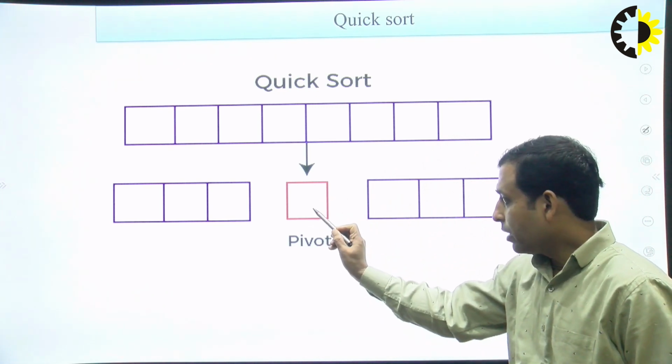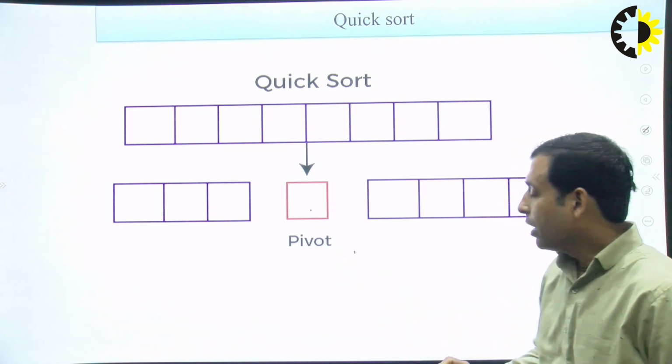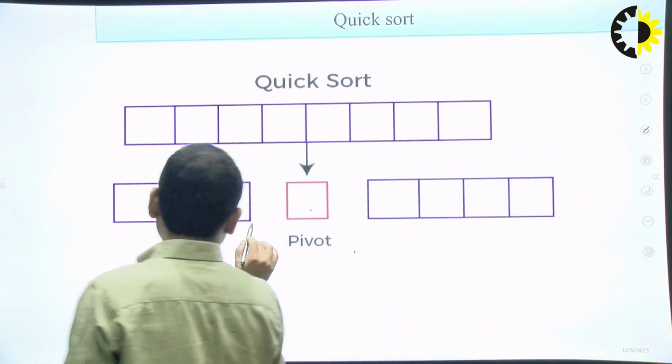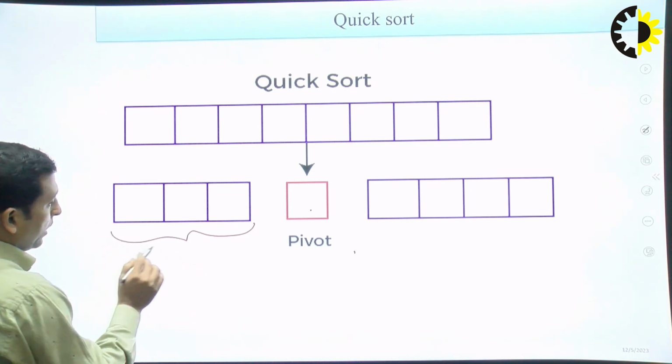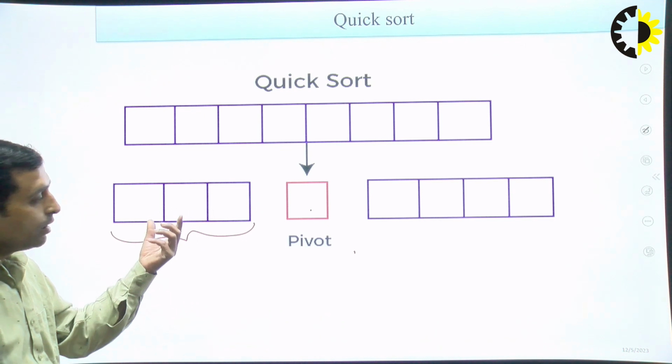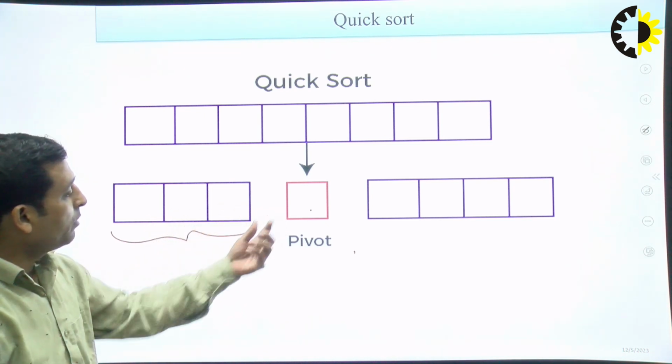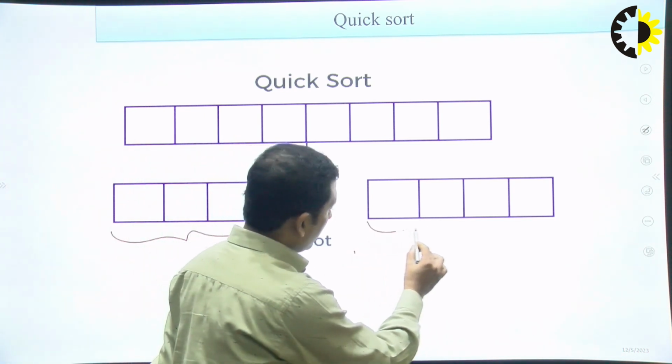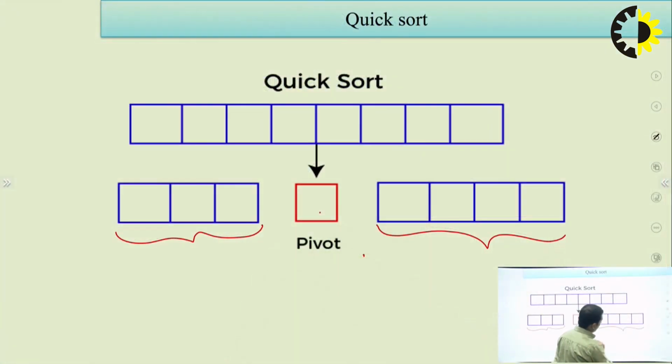Let's say the pivot element gets its position here, and in this part all the elements will be less than the pivot element, meaning the left subarray contains the lesser elements than the pivot element, and the right subarray contains the greater elements than the pivot element. So the whole array is divided into two subarrays, and the pivot element gets its fixed position.